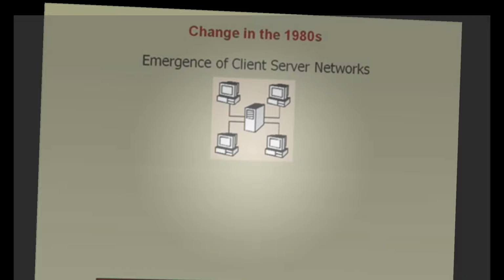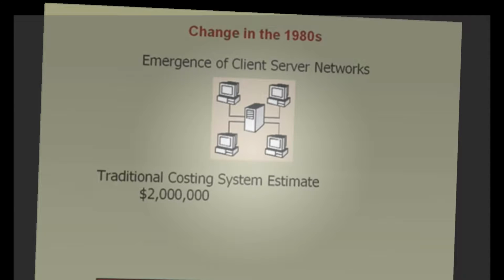Guess which system the accountant used for estimating costs. Of course, there's only one system out there, the traditional costing system. Assume the accountant came up with an estimate of $2 million. The managers would decide that it was acceptable since it was within their budget. They would then go ahead and implement the system.